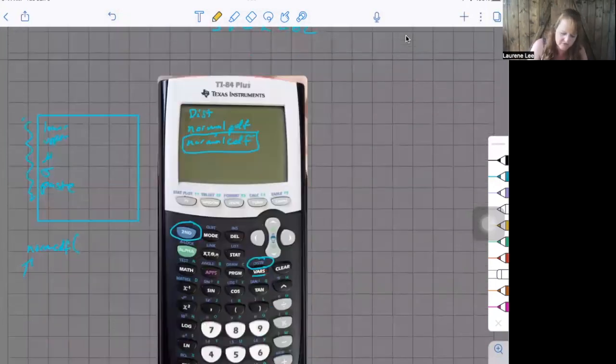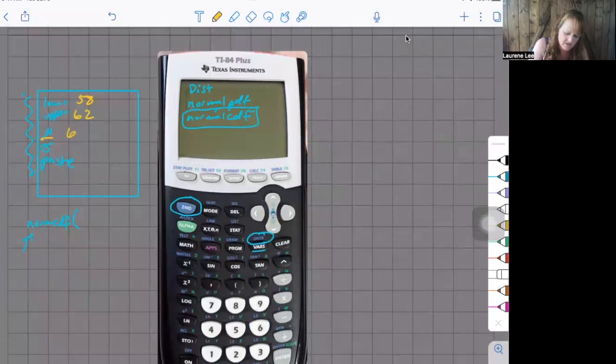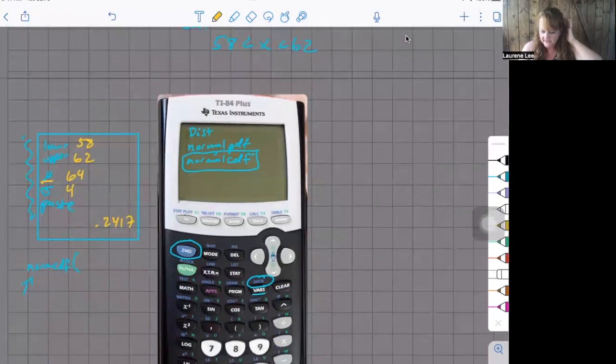So you'd enter 58, 62, and then mean, obviously this is your mean, okay? And your standard deviation is 4. And then you hit paste, and then that will give you your answer. I think you have to hit enter twice and you get 0.2417. Okay. So that's how you do a normal distribution on a calculator.